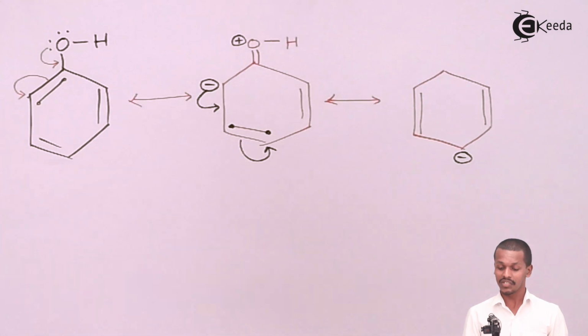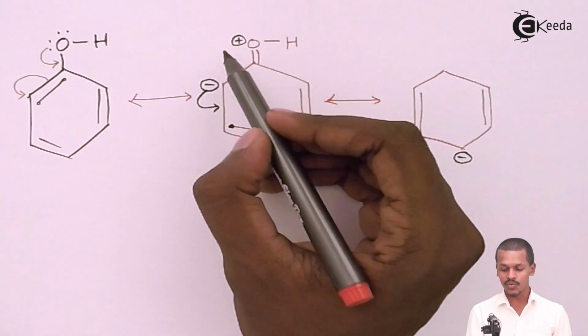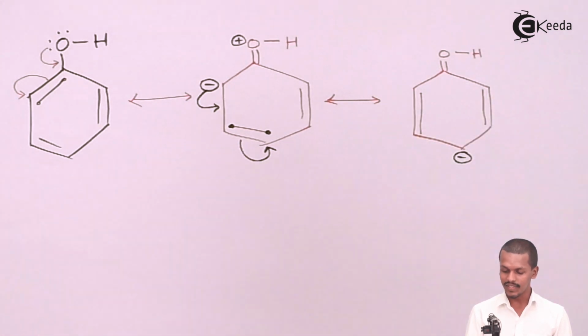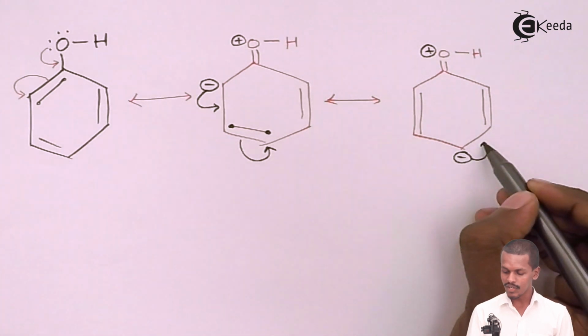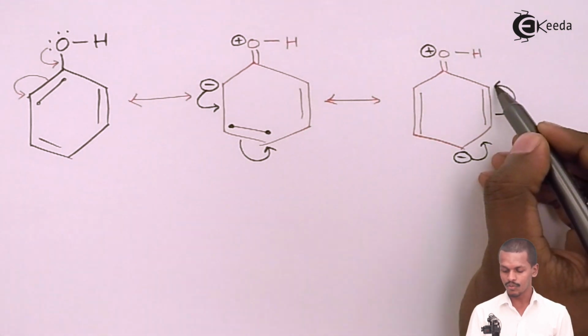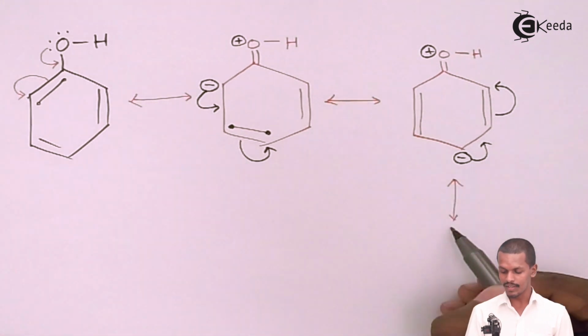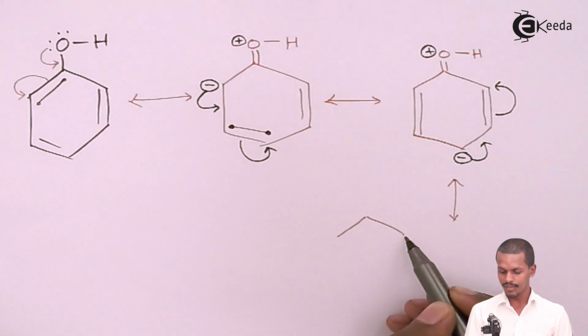This is the resonance structure that I am drawing. Meanwhile this will remain as it is for a while, having a positive charge. Again the shifting of the pi electrons takes place: this pi electron has been shifted over here and this pi electron shifted over here. So the product that we get in this manner will be this one that I am writing over here.